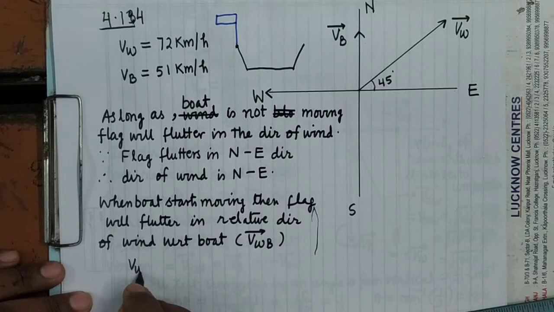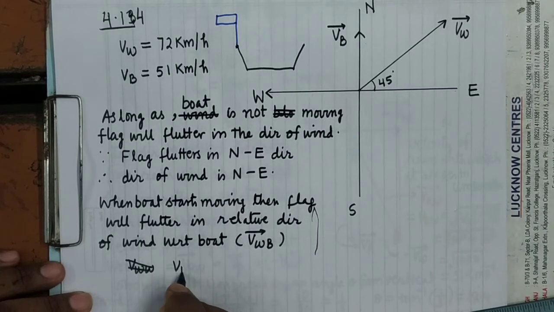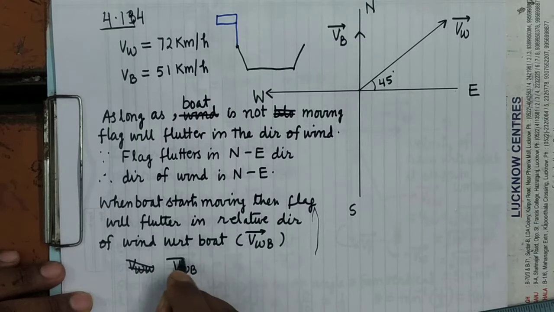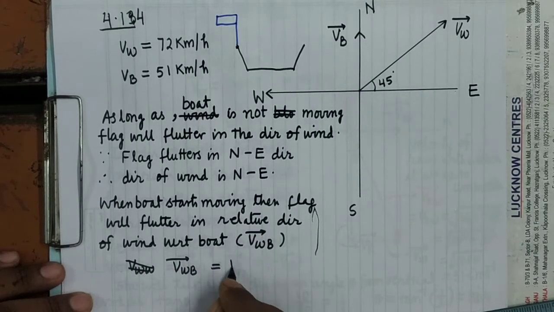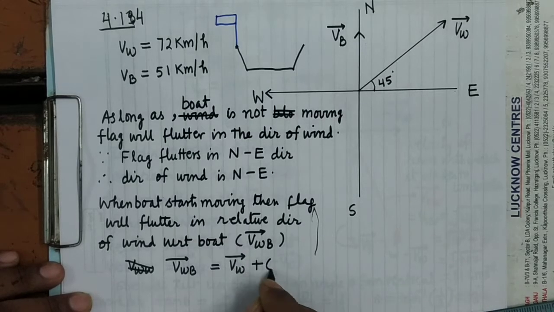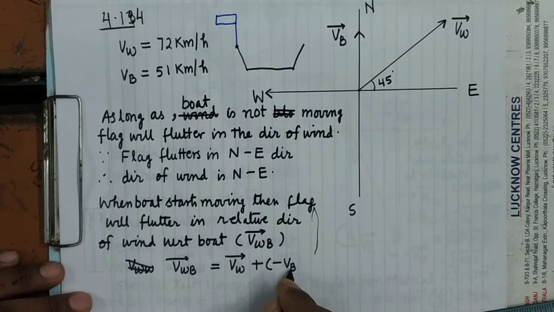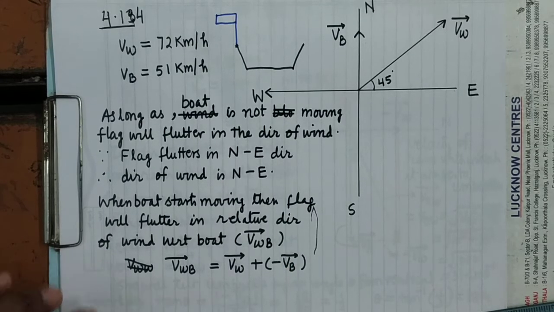So we know, here you can see that vector VWB will be equal to vector VW plus negative vector VB, and their resultant. So that will be the resultant of this and this.